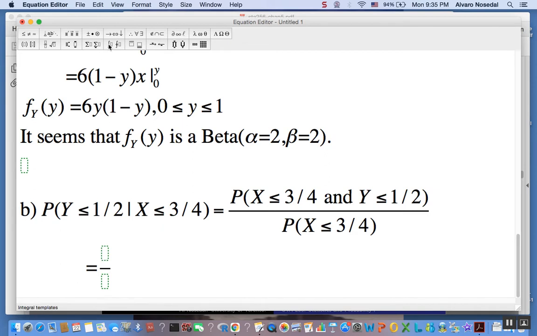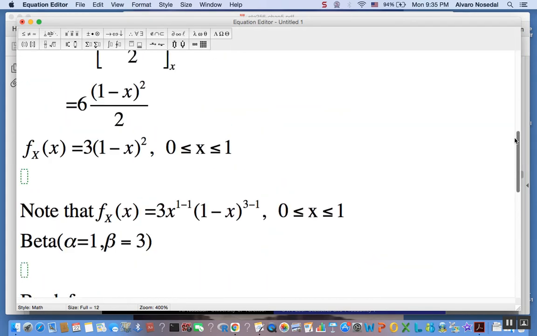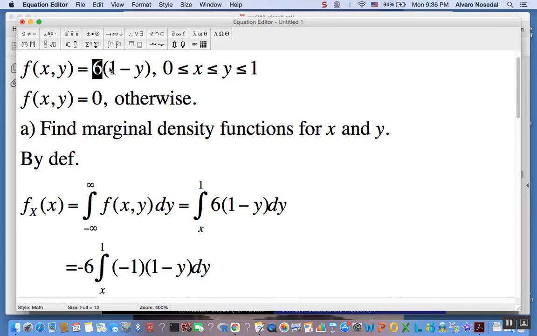Okay, so let's write that down. Another integral. Okay, so what we want is the joint density function is, oh no, not that one, right? That's the marginal. This is the joint density function.